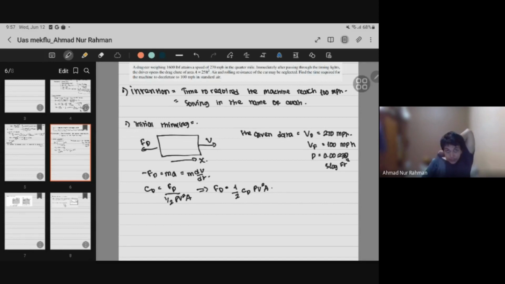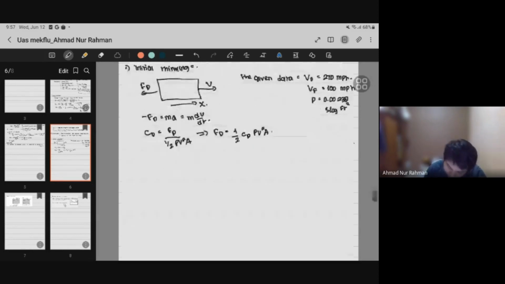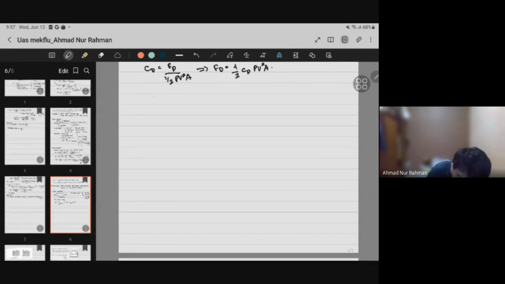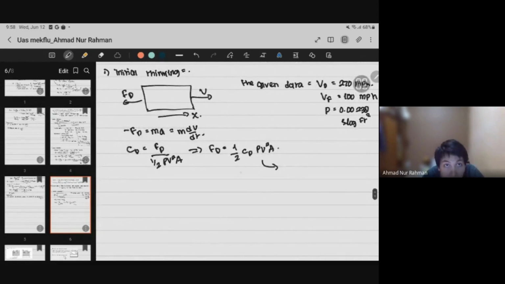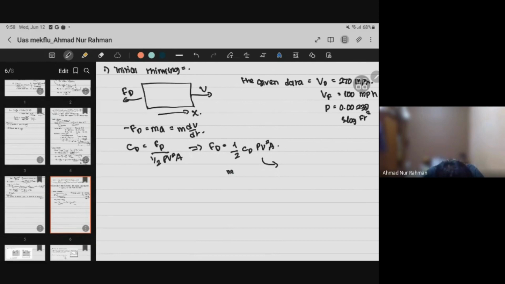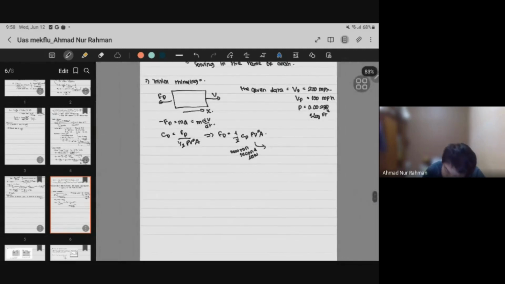Then we substitute using Newton's second law. It becomes negative because in Newton's second law the drag is a negative force.